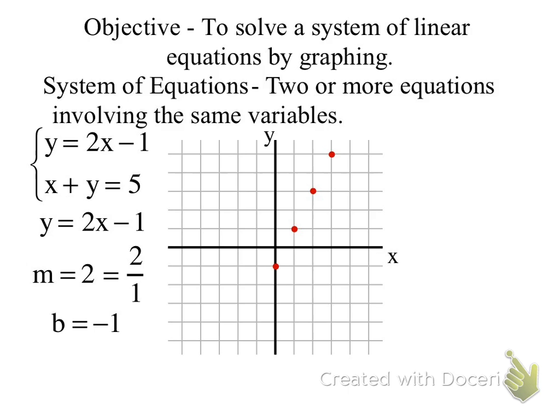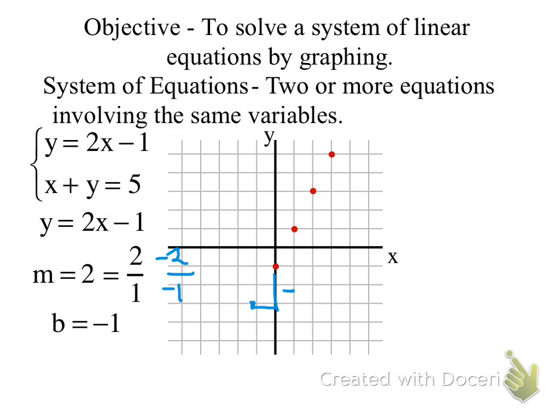And what else could I do? You can rise -2, over -1, because a negative divided by a negative is positive. So I go down 2, left 1.